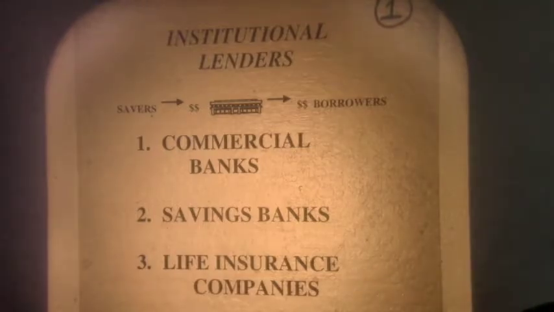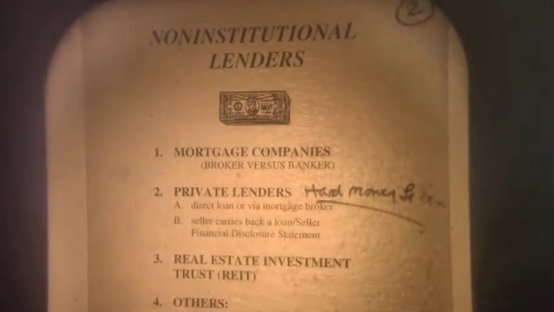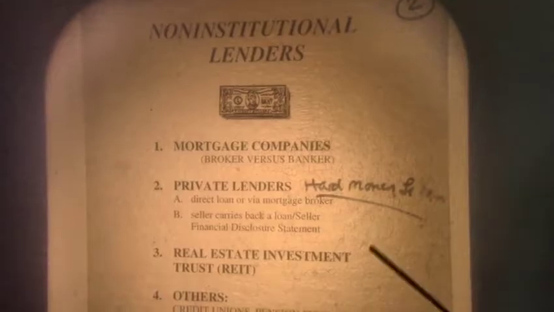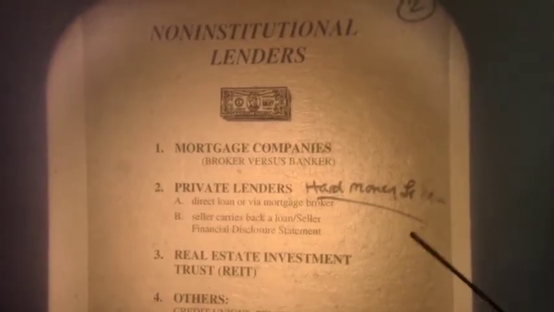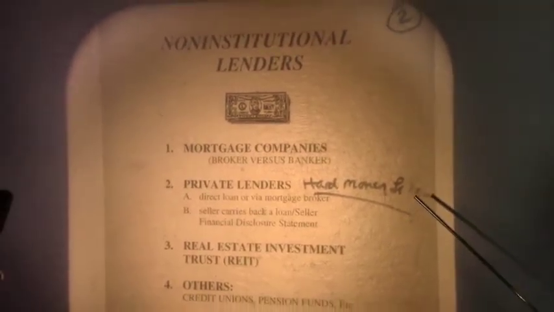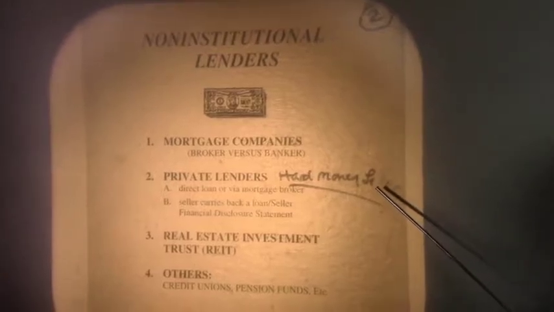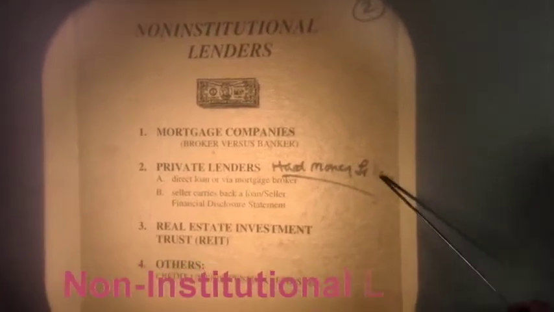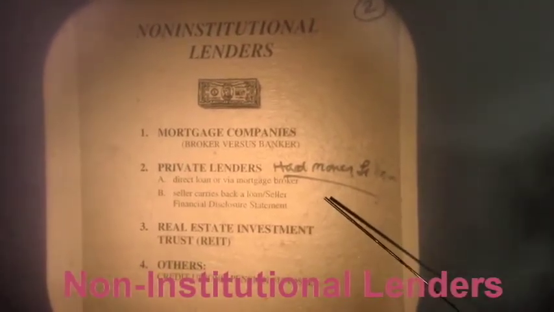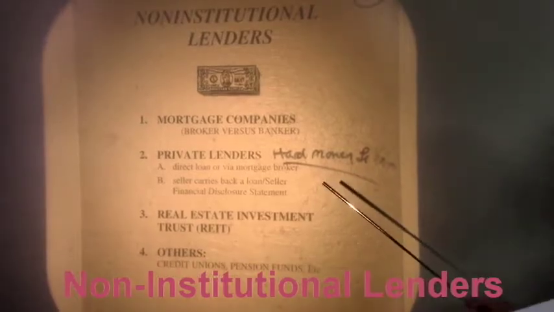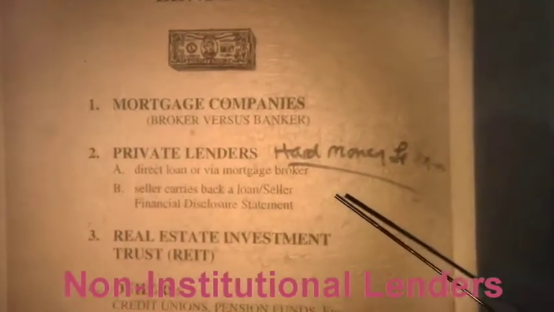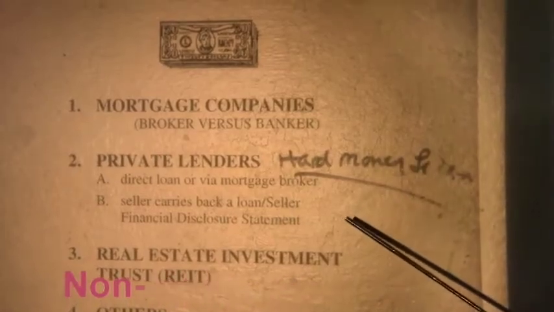Now let's look at non-institutional lenders. We talked a little bit about the private lenders. Private lenders are your hard money loan. Hard money loan means, let's say a borrower cannot find any lender to lend him money.